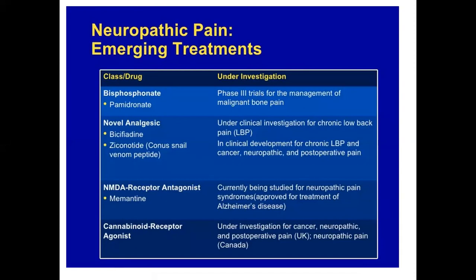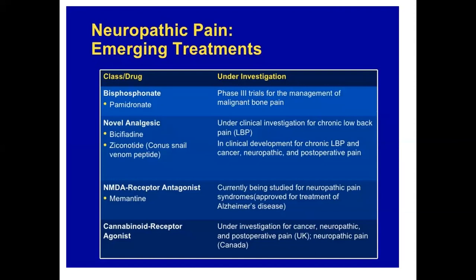And for bone pain, especially malignant bone pain, where we have an underlying neuropathic element, a bisphosphonate, especially midronate, is being investigated. It's gone to phase 3 trial. We're waiting to see whether it will get a go-ahead. This is being done in the US and other countries. Once it's given a go-ahead by FDA, then we'll be using it.